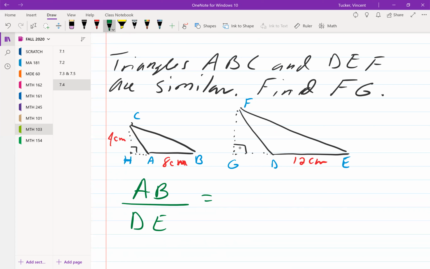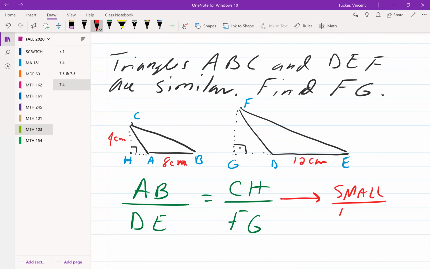And then CH over FG. In the ratio setup, we just have to make sure that we stay consistent in what we're doing. The easiest way to do it is to do small triangle over larger triangle. Let's call it big for short. Or I could have done big over small.